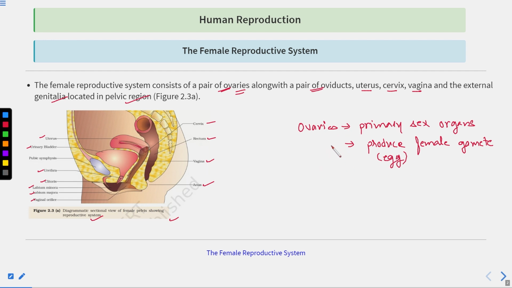This is the first function. What is the second function? The second function is the production of hormones. What type of hormones does it secrete? The first one is estrogen, and the second one is progesterone. Okay, this is clear. Now let's move on.